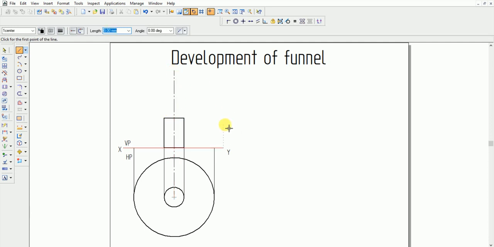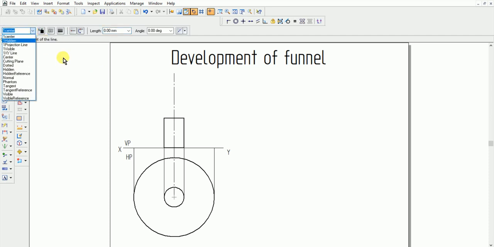Now what we need to do is, let us look at the length, or else we'll just delete this line and draw it in the form of sections, that is from here to here, then up to here, then up to here.